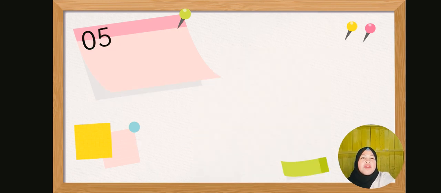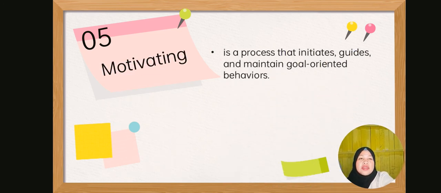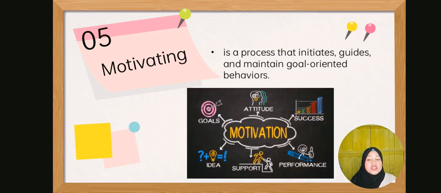Then, for the number 5, motivating, which is a process that initiates, guides, and maintains goal-oriented behaviors. Sabi nga ni Thorndike sa kanyang law of motivation, a learner will not learn if they are not motivated to learn. The use of instructional material is a big help for the teacher to facilitate the teaching learning process. With the use of these materials, it is expected that students become more motivated, attentive, and participative in the learning process.